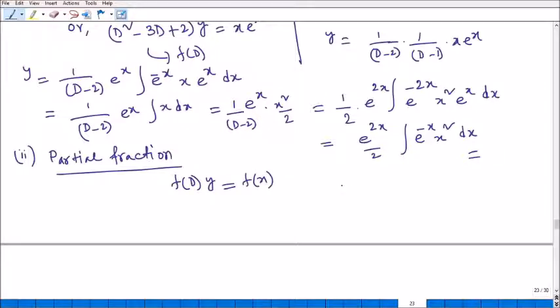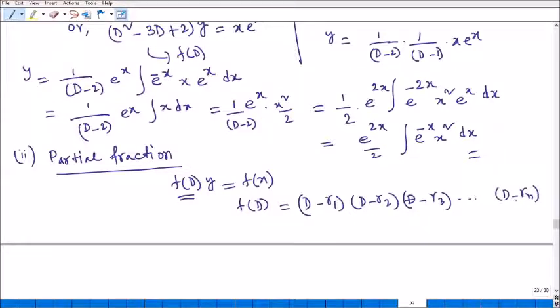So here this polynomial term of this operator d, when it is factored into different terms, this function is decomposed into partial fractions. Suppose the polynomial function of d is written in this way: d minus r1, d minus r2, d minus r3, and so on, up to d minus rn. The rn means it is for nth order differential equation.